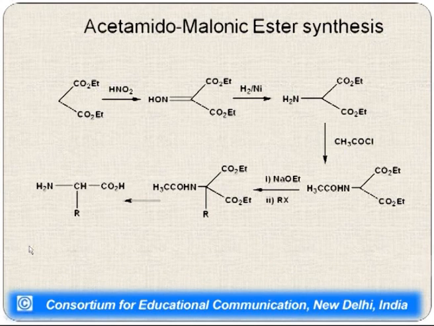So, alpha amino acid is prepared in this manner using acetamido-malonic ester synthesis. This is one modification of malonic ester synthesis which gives a better yield, and certain amino acids are not prepared in other cases, so the number of amino acids prepared may also change.